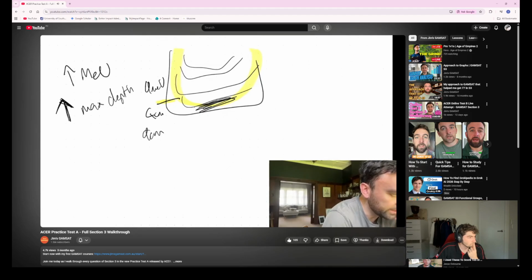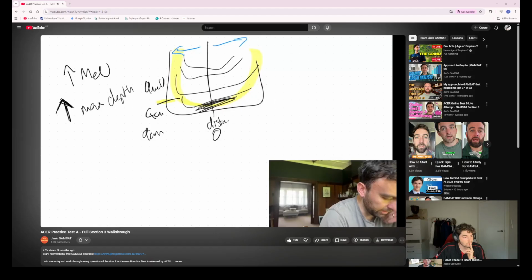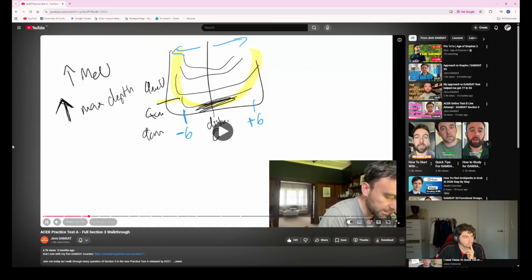Then what does it say? The field size. So the field size, I would assume it has distance from central axis, and that's 0 in the middle there. So I'm taking the field length to be how wide it is. If we look at figure 3 again, it's going from -6 to +6 on that distance on the x-axis.